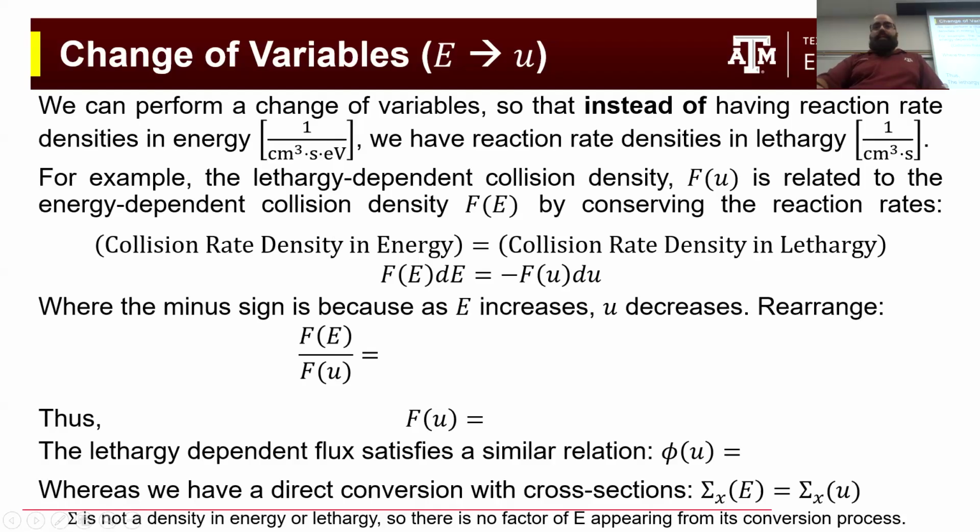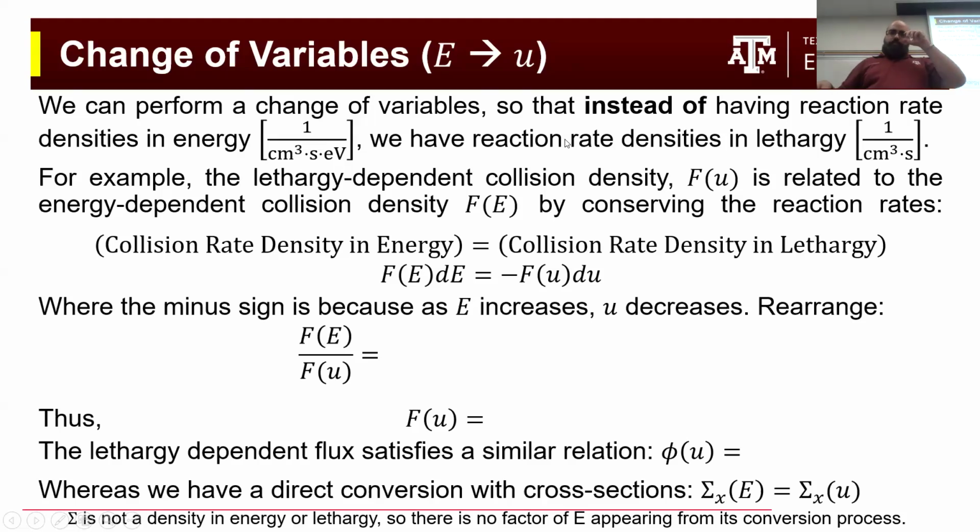When you do this change, you just have to be careful about the units, because lethargy is unitless. So if you're taking a reaction rate density in energy and converting it into a reaction rate density in lethargy, the lethargy units would not have the eV attached to them, whereas the energy term would.